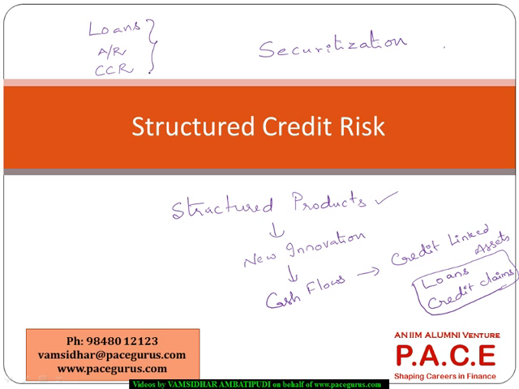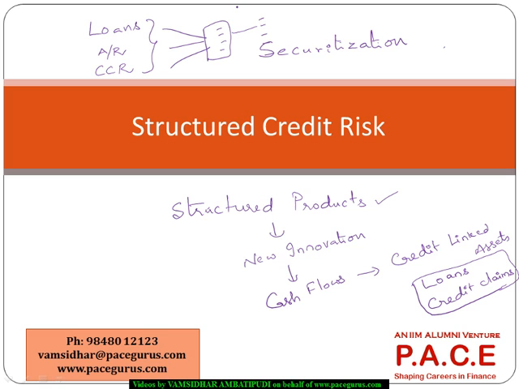Any of these credit linked assets are being sold off to a third party, who in turn is creating bond kind of securities and issuing them to the public investors. So these kind of products that are getting created are classified as structured products.